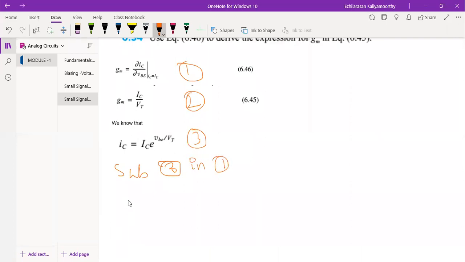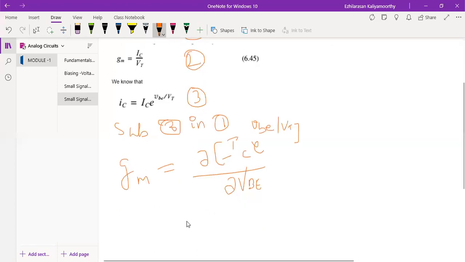We have to substitute this IC here, so GM is equal to dou of IS e to the power VBE by VT divided by dou VBE. You need to differentiate this with respect to VBE. How we can do that, let me show that.